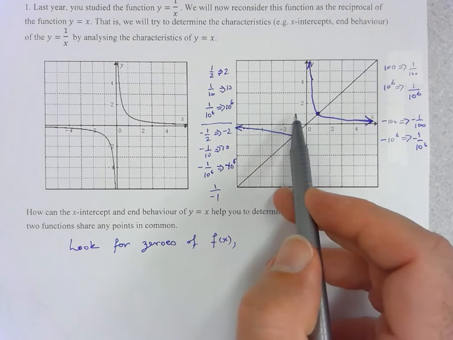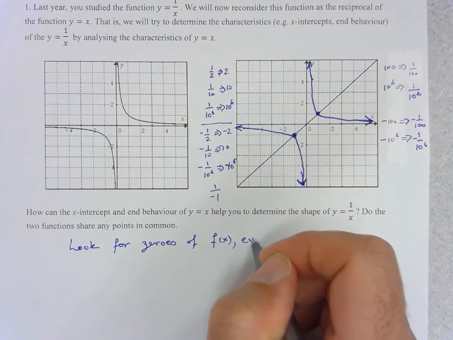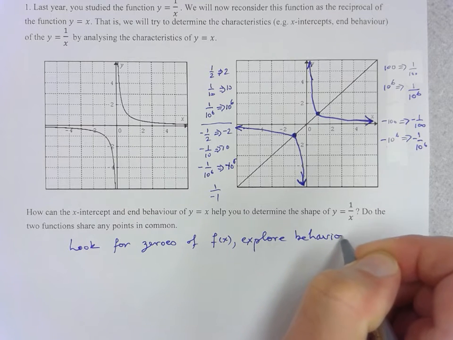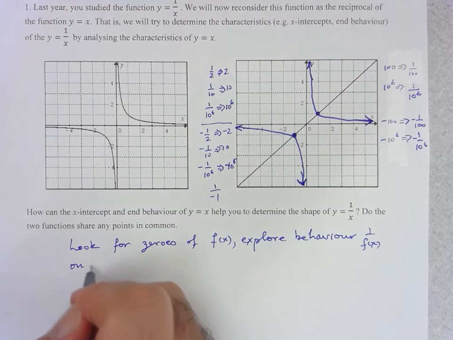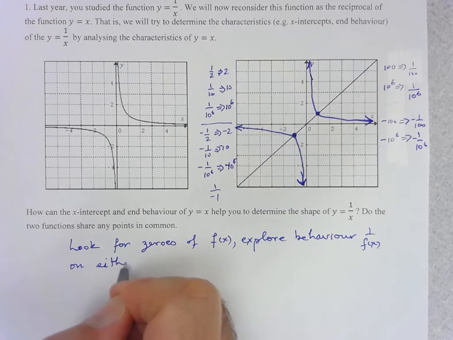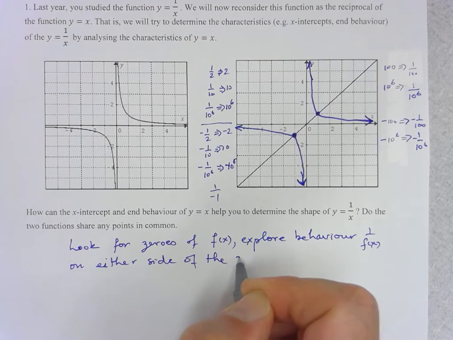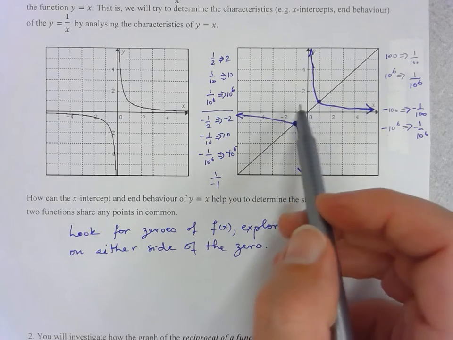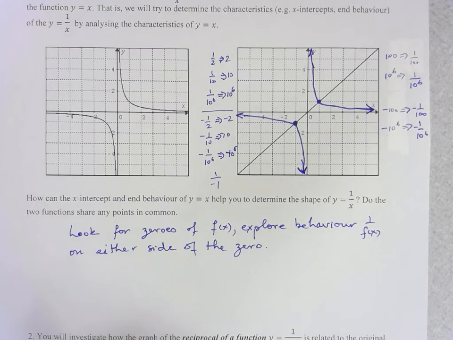We explored the behavior of the reciprocal 1 over f at x, on either side of the 0. Okay, in this case here, we were able to determine that on one side it should be approaching positive infinity, on the other side it should be approaching negative infinity.